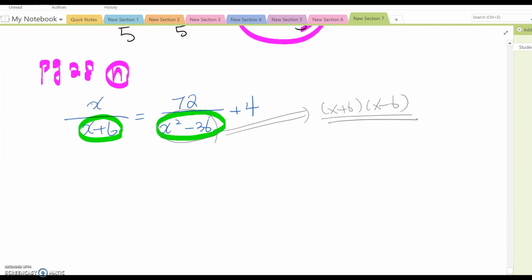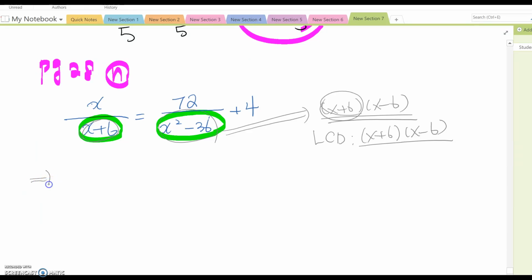So when you look at this one, what can be the LCD? Obviously x plus 6 repeats, so we count it one time and then take out the remaining factor, so it becomes x plus 6 times x minus 6. That is the LCD value.